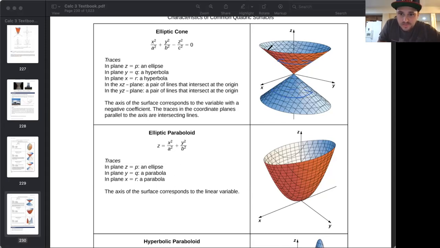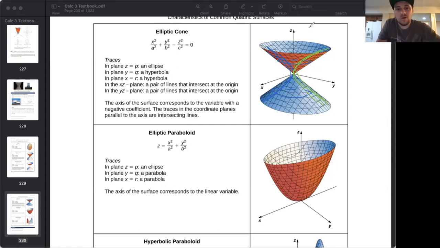Otherwise, in both the XZ and the YZ planes, you're going to get hyperbolas that look like that. Here, blue's not a very good picture. Let's do lime green. You're going to get hyperbolas like this.